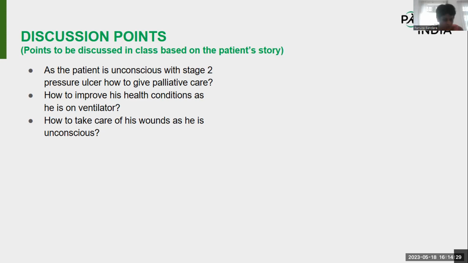You are right, regular cleaning, and it is only stage 2, so it can be healed easily, right? And the diet of the patient, must be having Ryle's tube, right? So what diet should go?